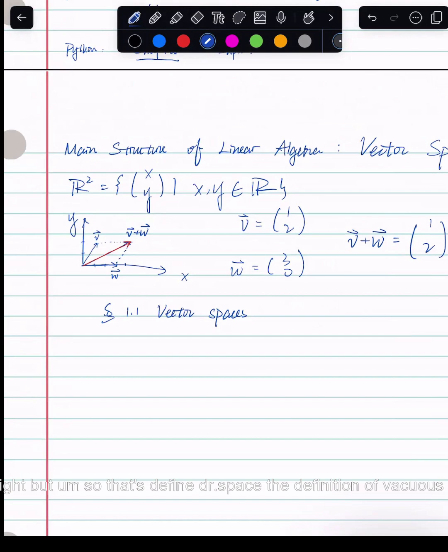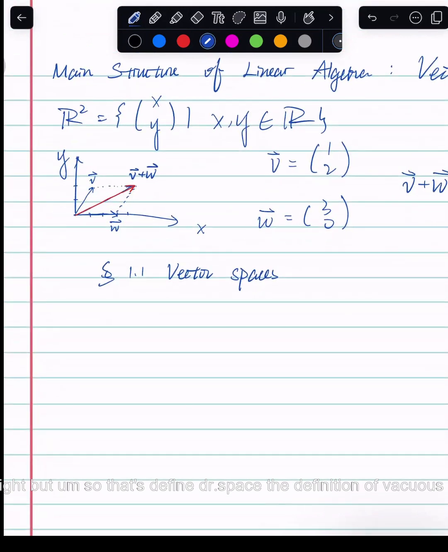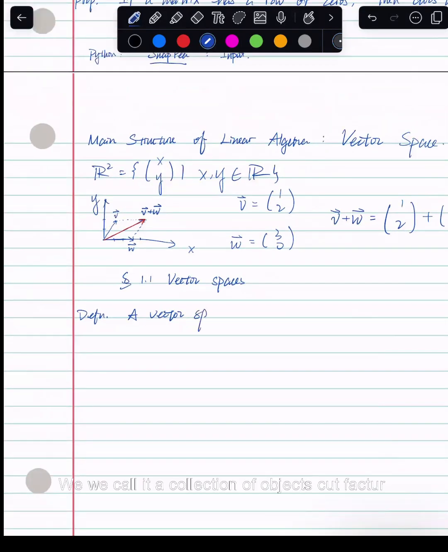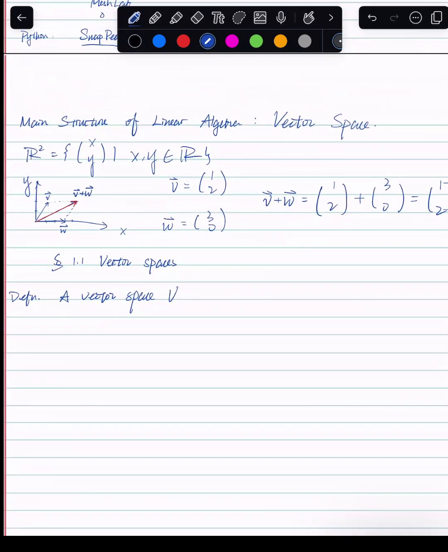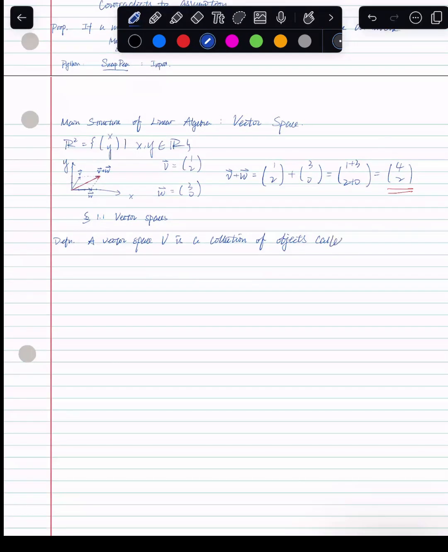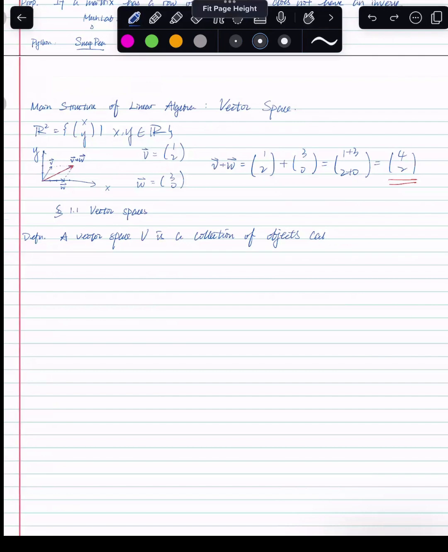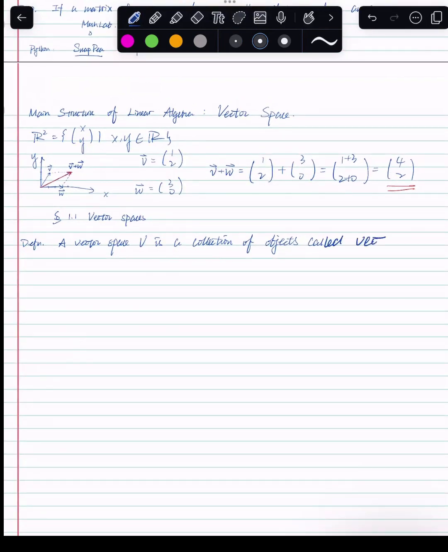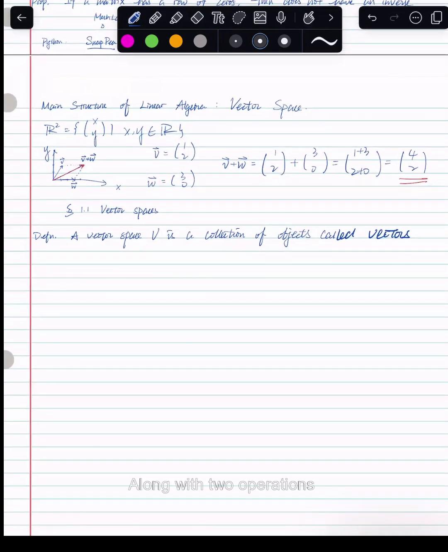Okay. So let's define vector space. The definition of a vector space V: we call it a collection of objects called vectors, along with two operations.